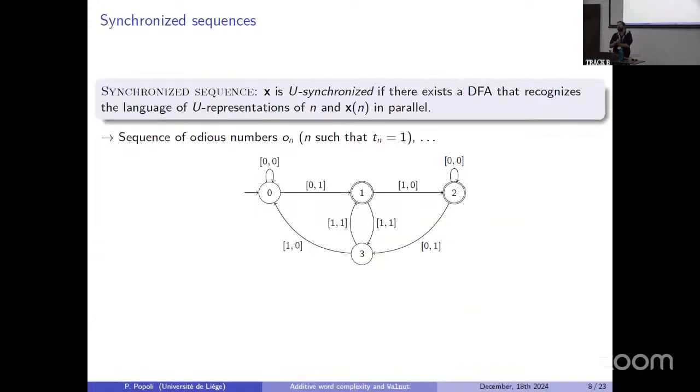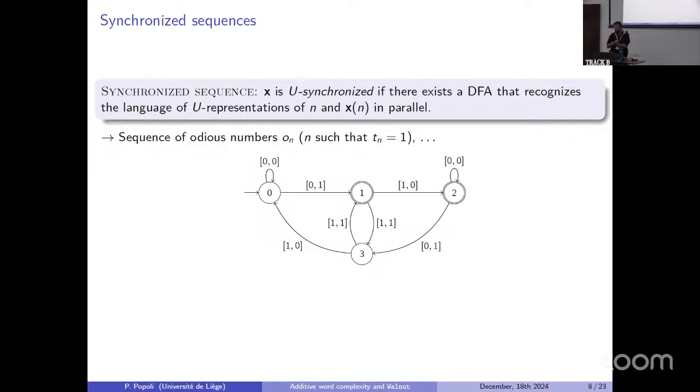And then we can generalize a bit the notion of automatic sequence by synchronized sequences. A sequence is said to be synchronized if there is a DFA that recognizes the language of n and x of n in parallel. So for example, this is the sequence of odious numbers. These are the numbers such that the sum of digits in base 2 is odd.